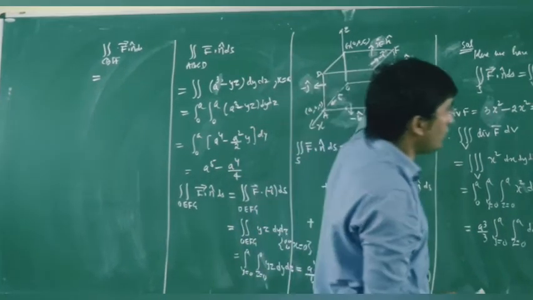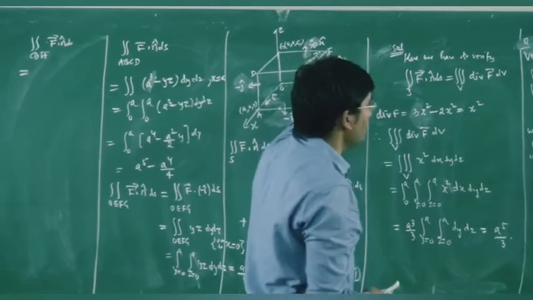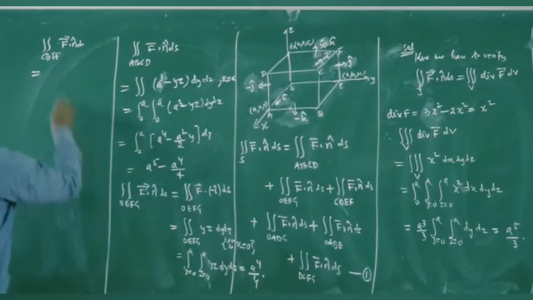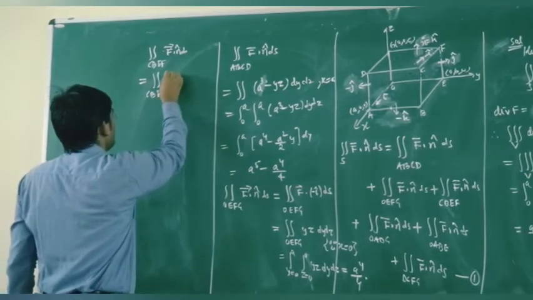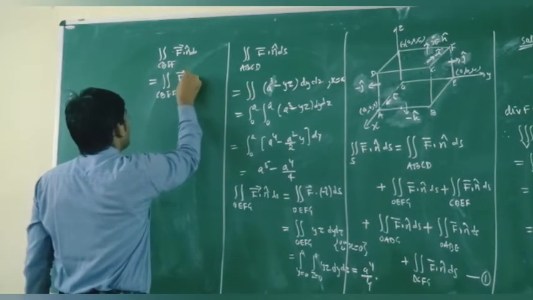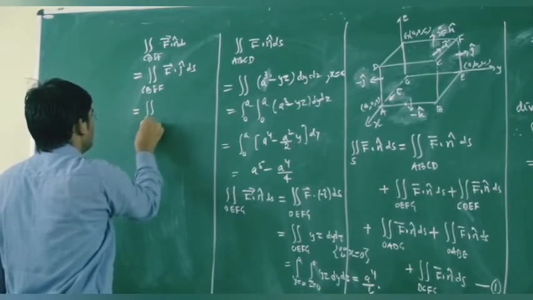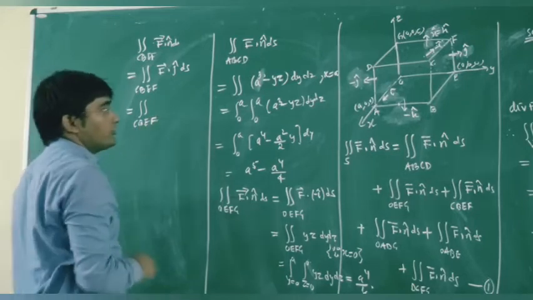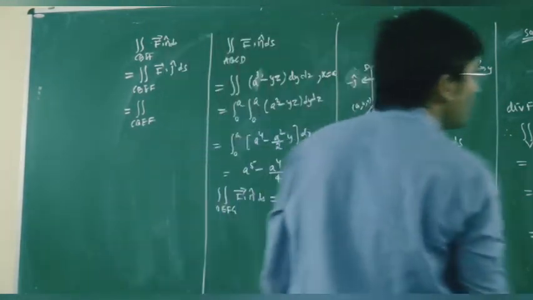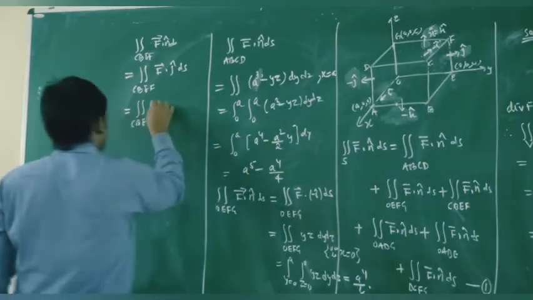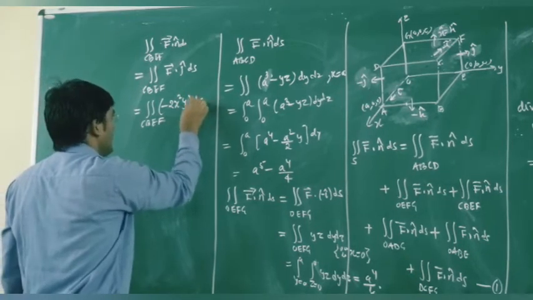So f dot n will be, in this case our n is j, and this f dot j will give you minus 2x square y. So this will be minus 2x square y into ds.